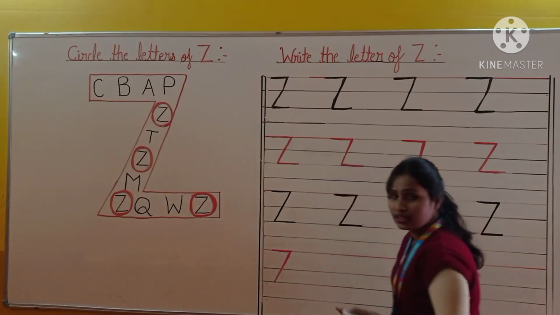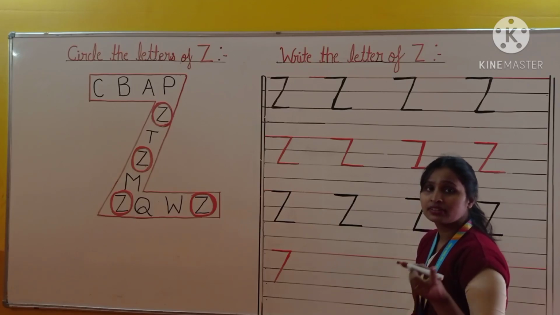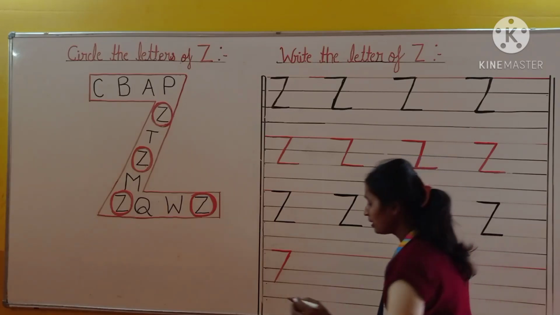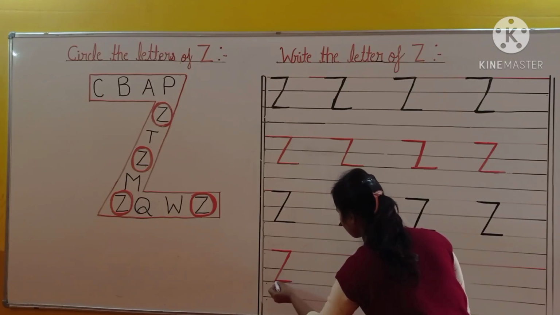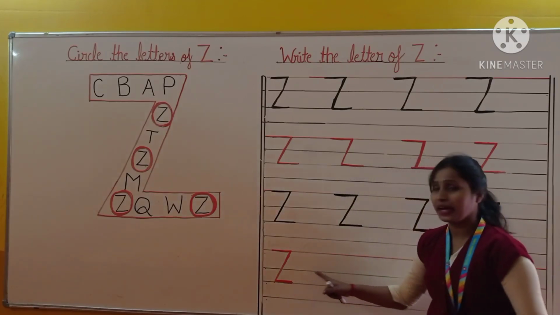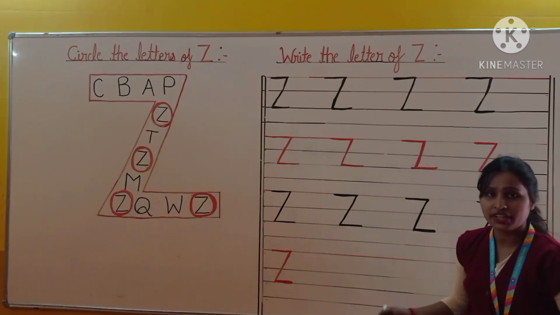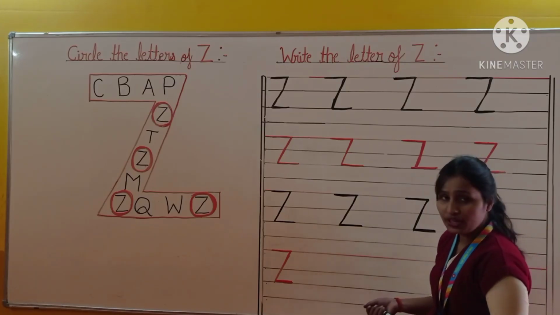After that, another sleeping line. This is a capital letter Z. Z is for zebra.